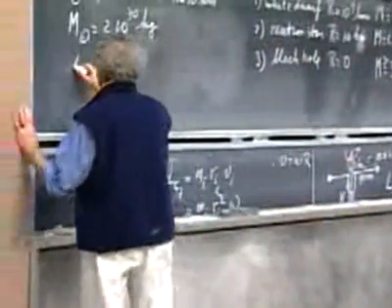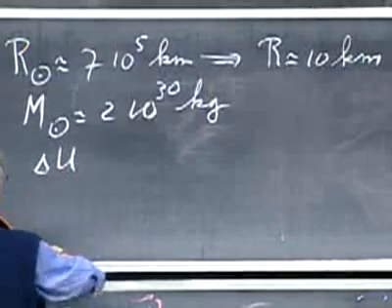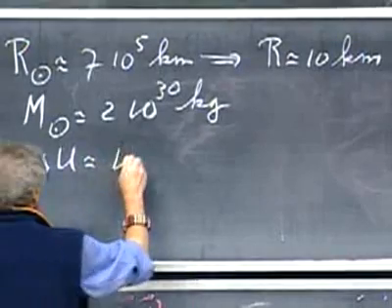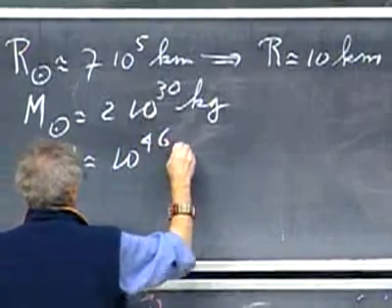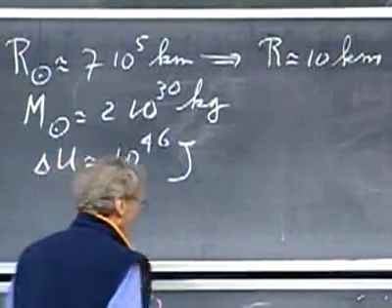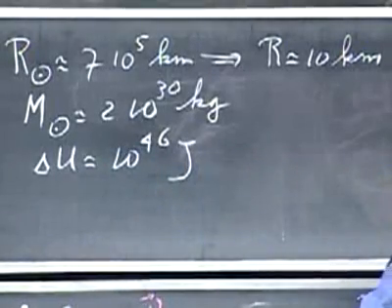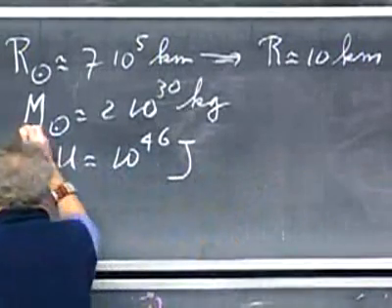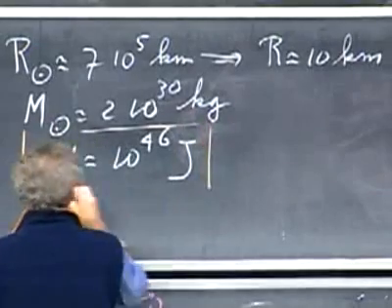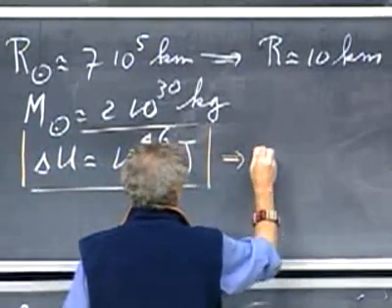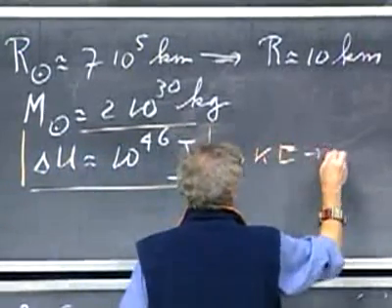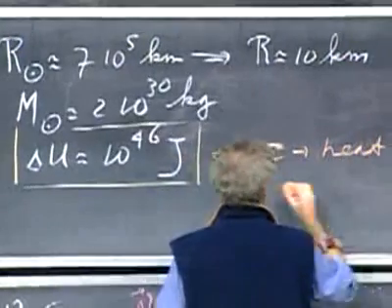I call that delta U. It is a loss of gravitational potential energy of about 10 to the 46 joules. This number is truly mind-boggling. This is converted to kinetic energy, and then it is converted to heat and all forms of radiation.